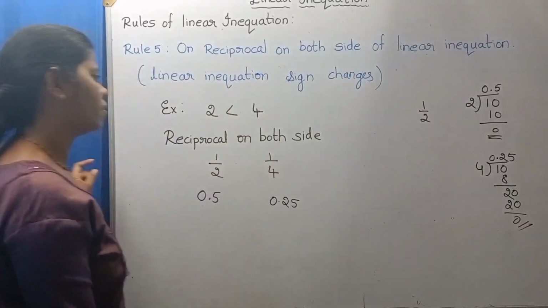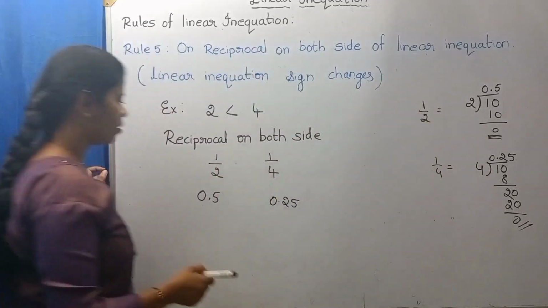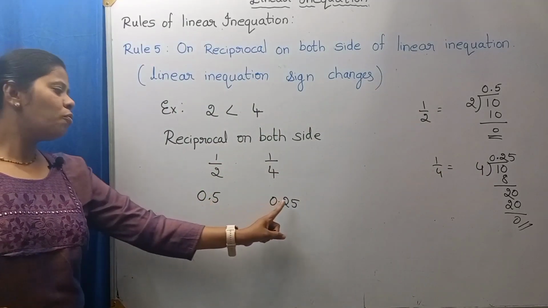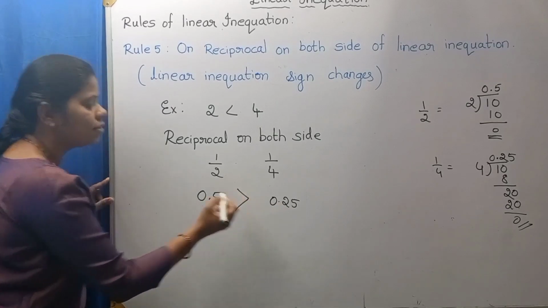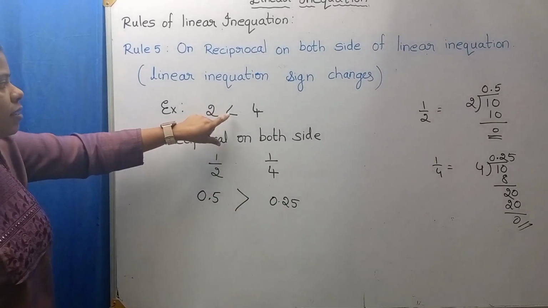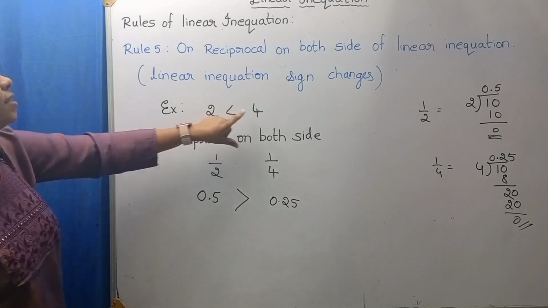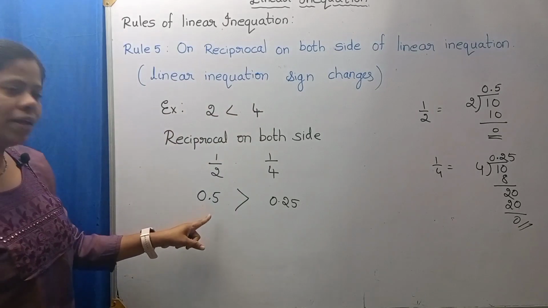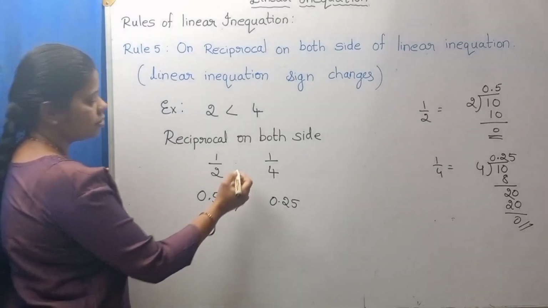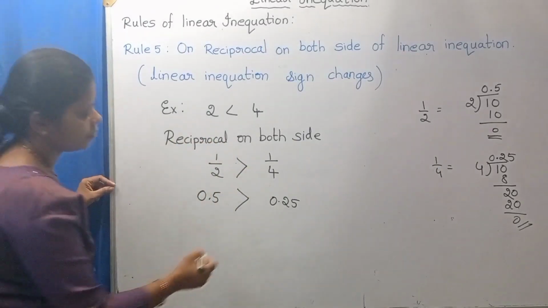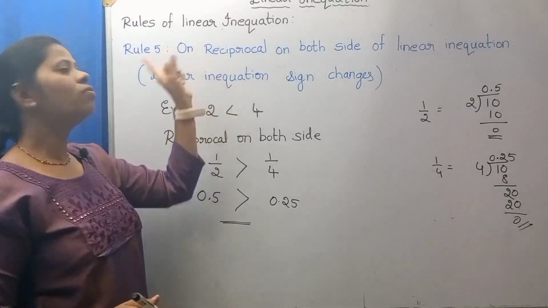Now look at this, 0.5 and 0.25. Which is greater? 0.5 is greater, isn't it? See here. The inequality sign says that 2 is lesser than 4. But 1 by 2 is greater than 1 by 4. This is the meaning of rule 5.